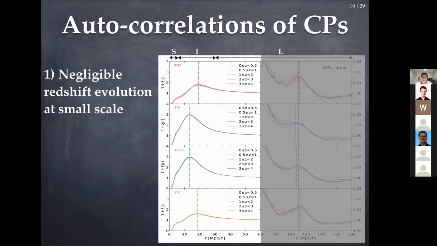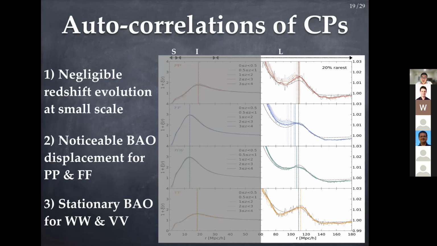And as you can clearly see, there is no significant redshift evolution at small scale. And it is also half true even at the large scale, but you see some evolution in the peak and filament autocorrelations. And this is supporting our previous argument that the BAO feature is broadening and its peak is moving inward as time goes by.